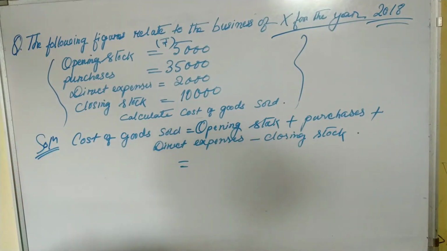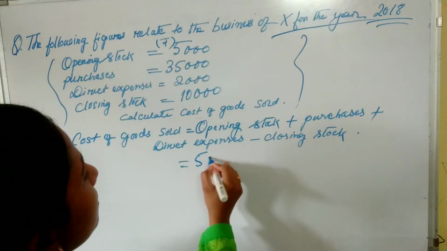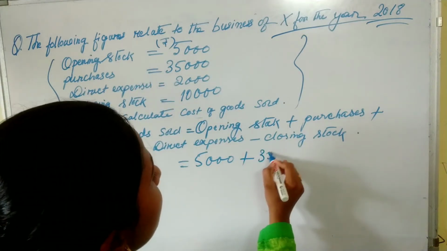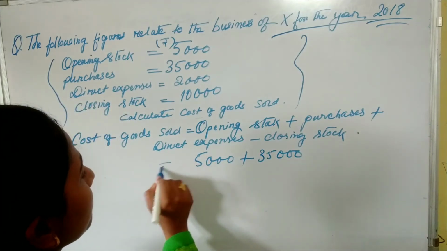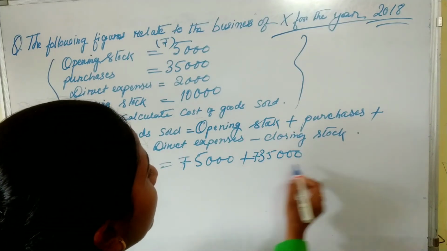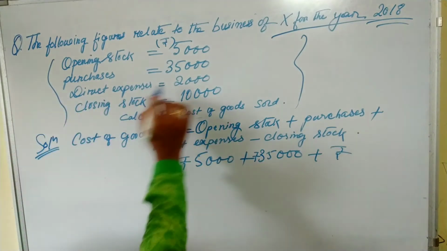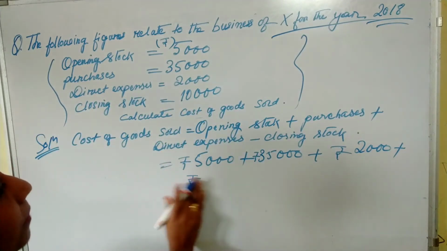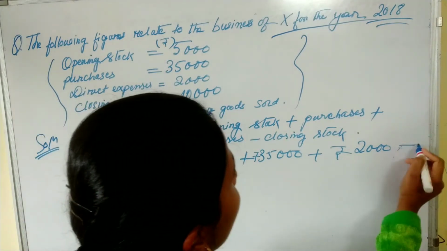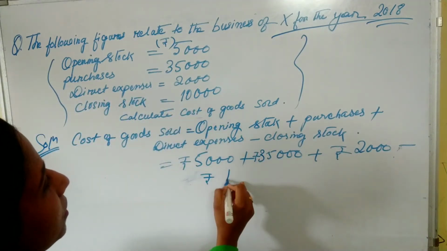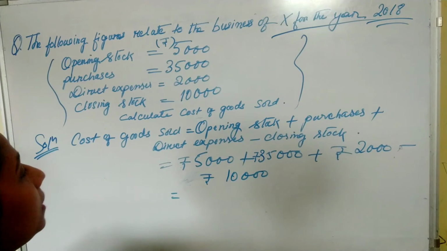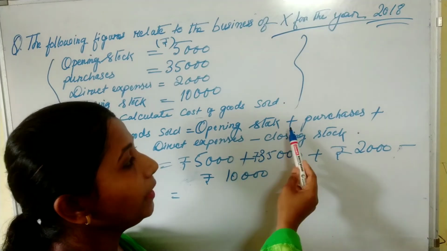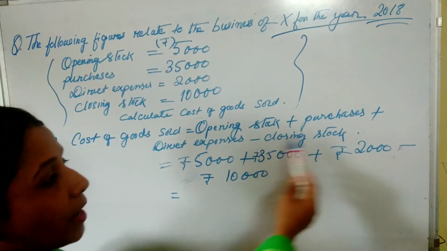Opening stock as given in our question is 5,000, plus purchases 35,000 rupees, plus direct expenses 2,000, minus closing stock, which is 10,000.